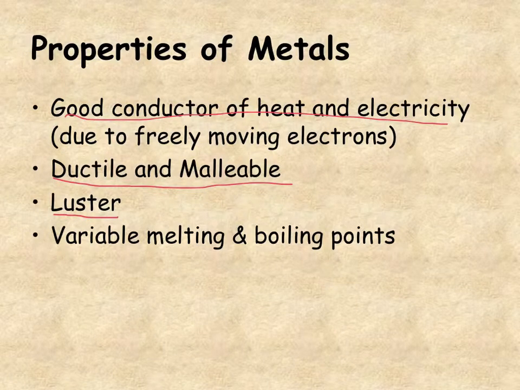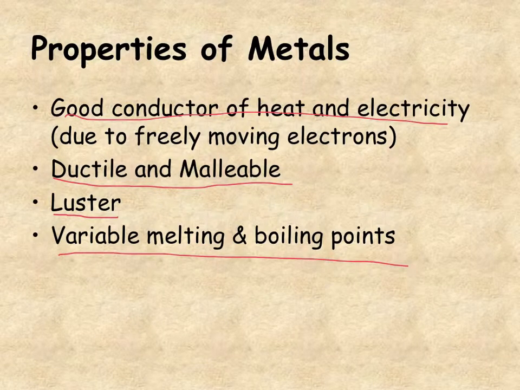If you cut a piece of a metal, the cut edge is usually very, very shiny. Over time, some of them will oxidize and tarnish. That's because of the chemical reaction going on. But if you fresh cut, it's going to be very, very shiny, very metallic looking.